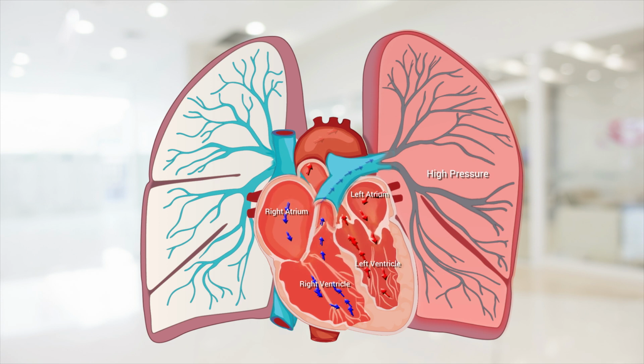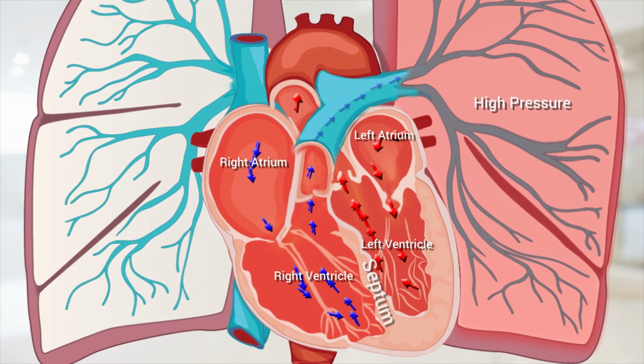So this slide here shows a very close relationship of the heart and the lungs and should provide an understanding why problems with one side of the heart can affect the lungs and can ultimately be transmitted to the right side of the heart. The other thing you will appreciate in this slide is that the left ventricle and the right ventricle share a common wall, which is called the septum, that separates the two chambers.